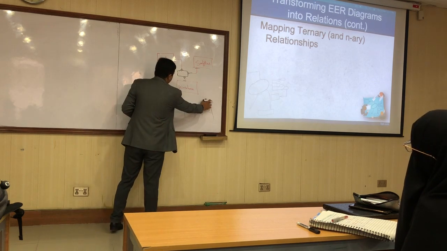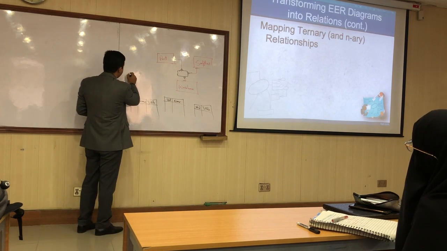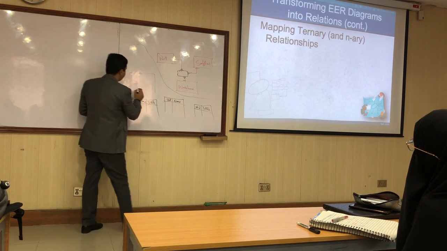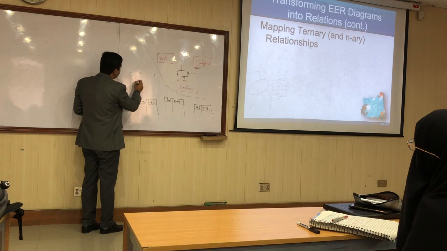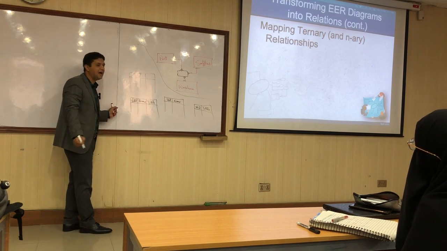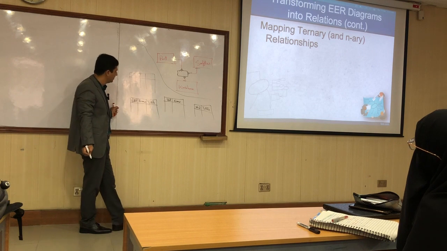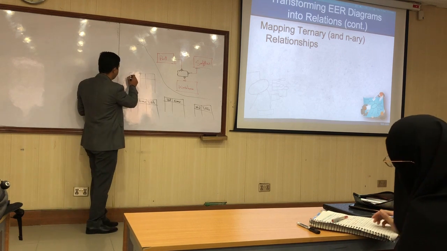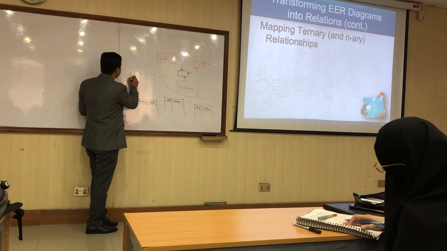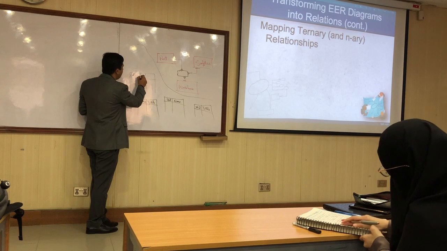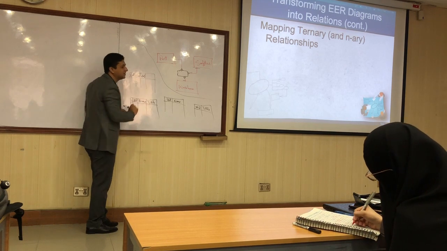Now for the associative entity, we shall have a fourth relation, and this relation shall have foreign keys from all three participating relations. So part id as a foreign key, supplier id as a foreign key, and warehouse id as a foreign key.